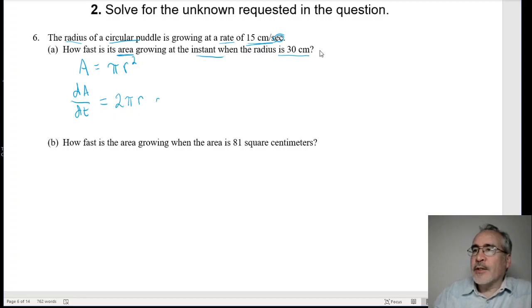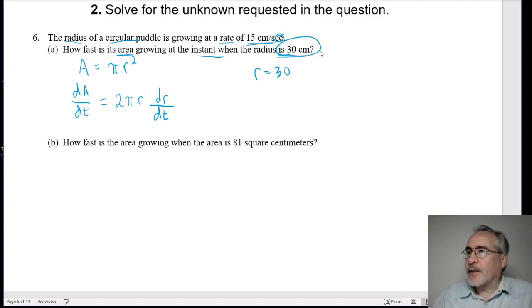And then we took the derivative of r with respect to t, dr dt. So this is the formula we're going to be using. It has the rate of change of the area, the rate of change of the radius, and also the radius. For the problem we've got, we're given the radius, r equals 30 centimeters. And at the outset, we were given that the radius is growing at this rate, so this is dr dt.